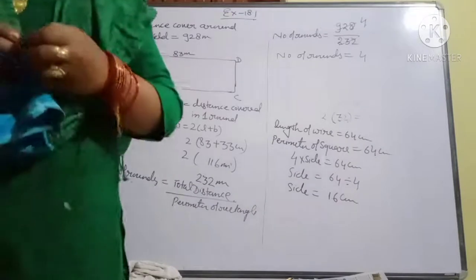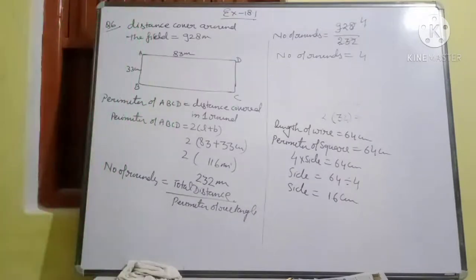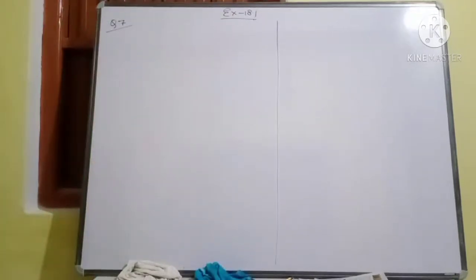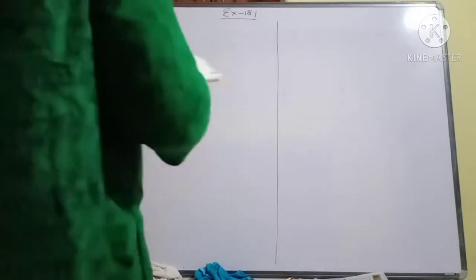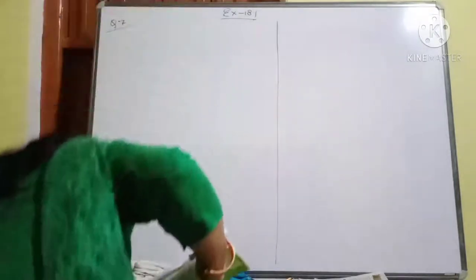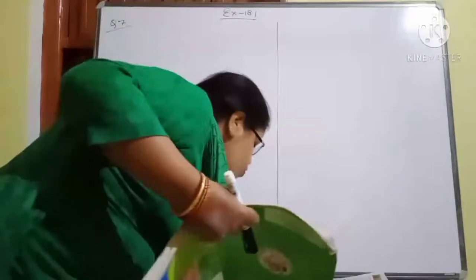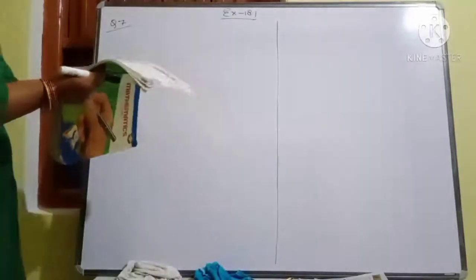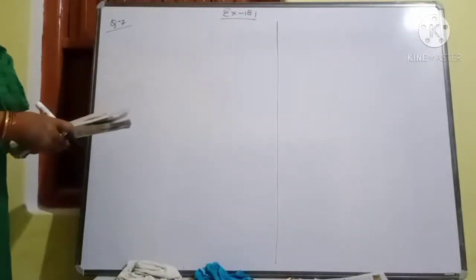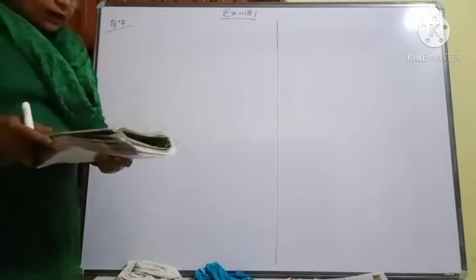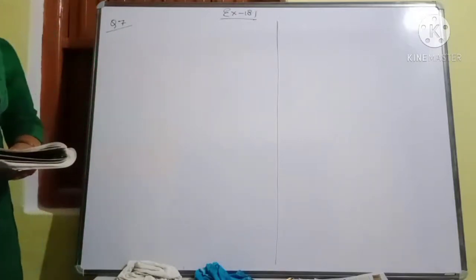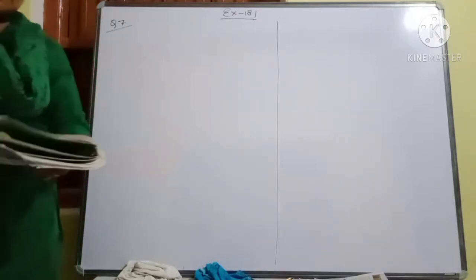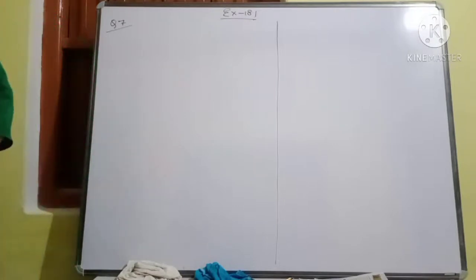Okay. See now. What is question number 7? Question number 7 is that in an isosceles right angle triangle. Isosceles right angle triangle means two sides will be equal.